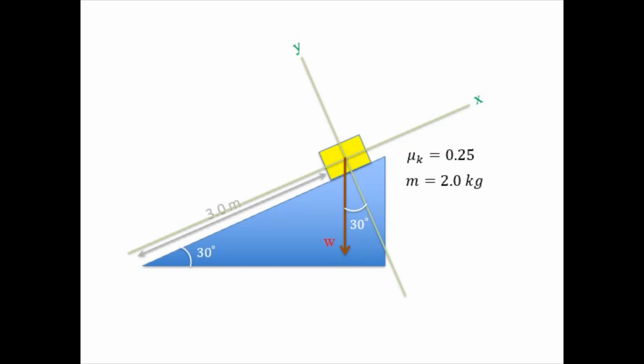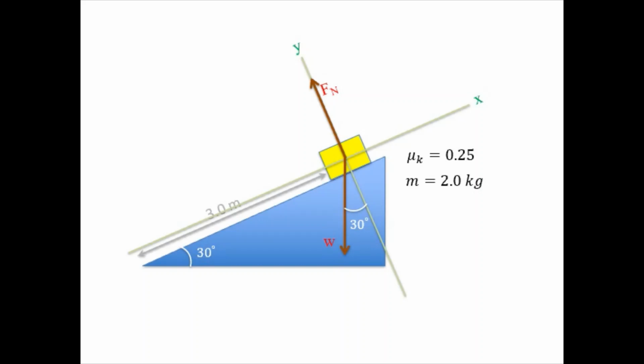And again, as we talked about in a previous lecture, you either have to just memorize the fact that the inclination of the ramp here is the same as the angle between the weight vector and the y-axis, or you have to do some drawing of right triangles here and figure out what angles are what, okay? But it is possible to prove to yourself that this angle is the same as this angle, and so I've just gone ahead and labeled that in as 30 degrees.